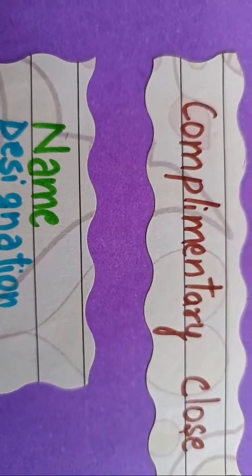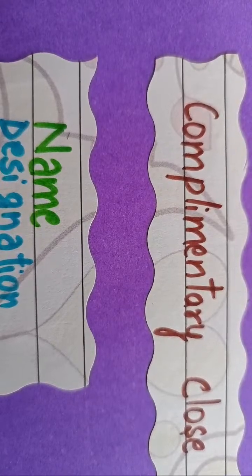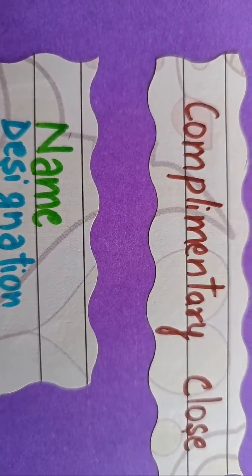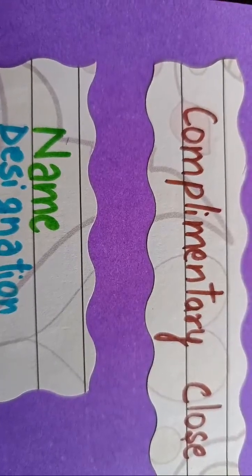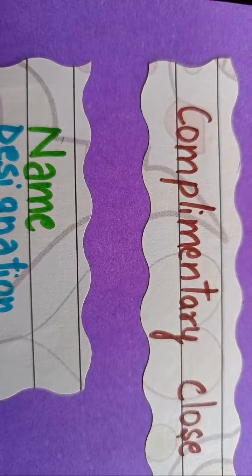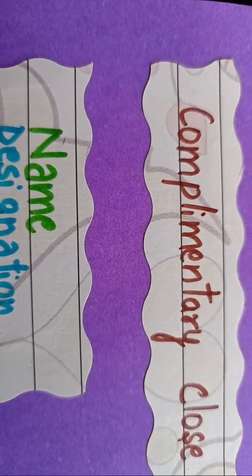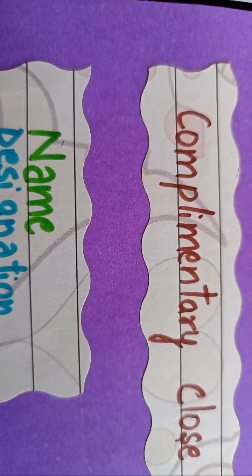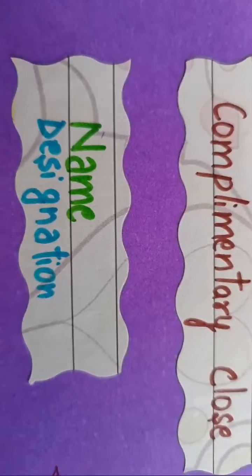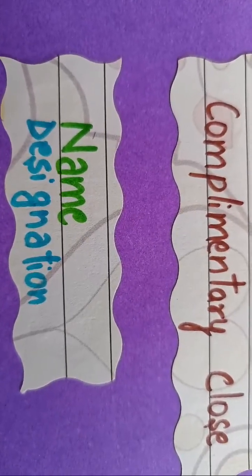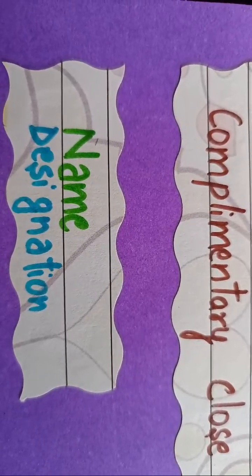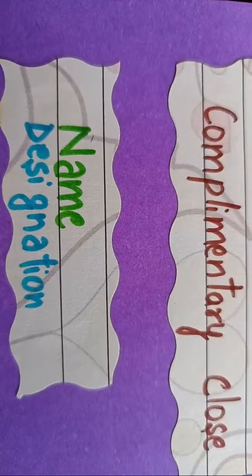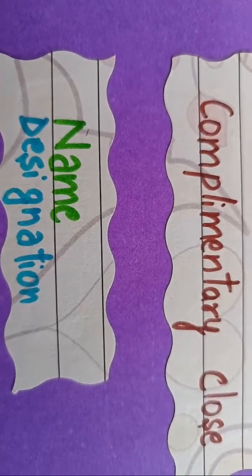Then at the last you need to write down your name, your proper name. It shouldn't be in a short form, it should be a proper name, not in the form of a sign. After that you have to mention your designation, like what your designation is, or you can also mention that you are a member of a committee, or the head of someone.